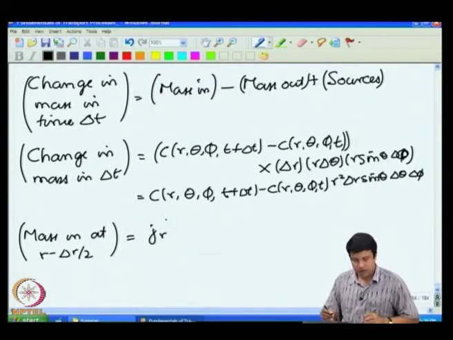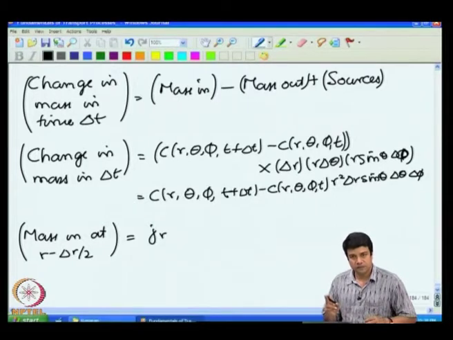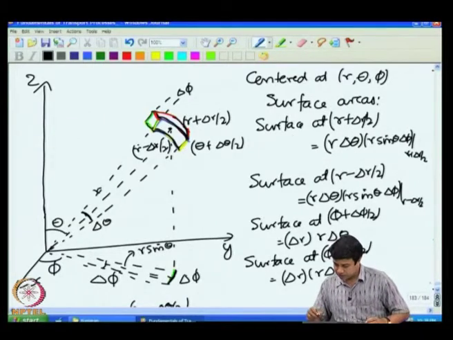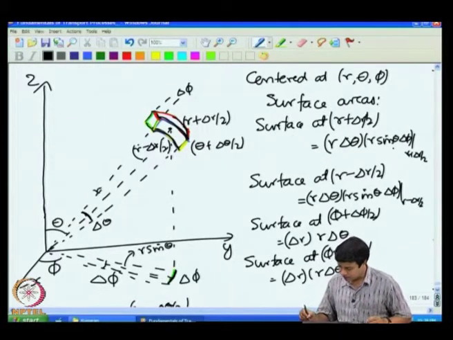the flux Jr. Jr is the component of the flux along the Er direction, times the area. The area of that surface is equal to r delta theta times r sin theta delta phi.